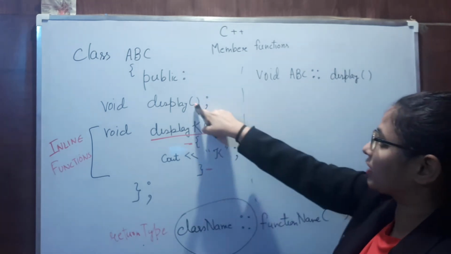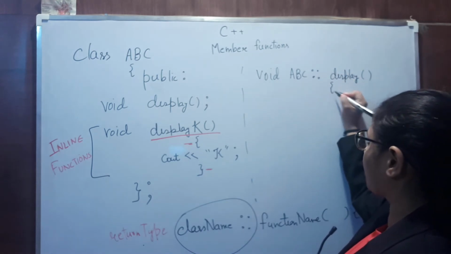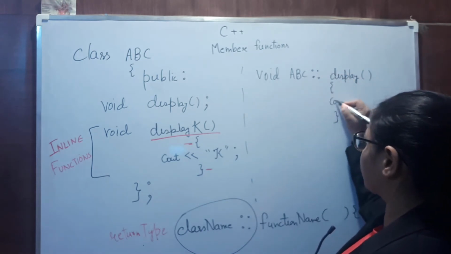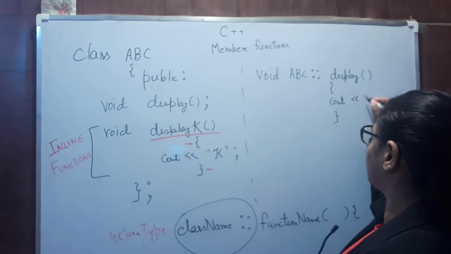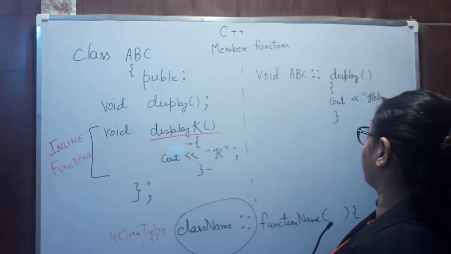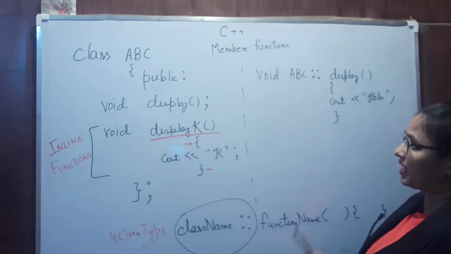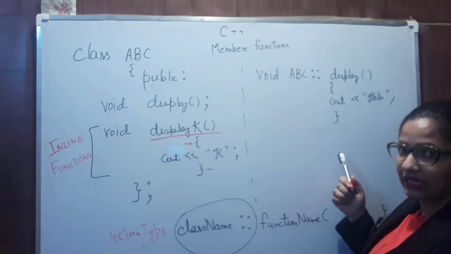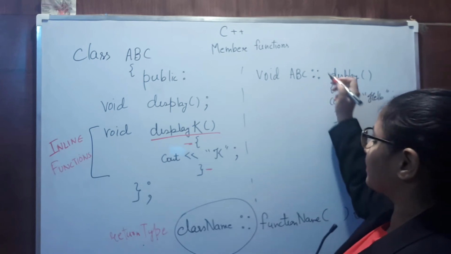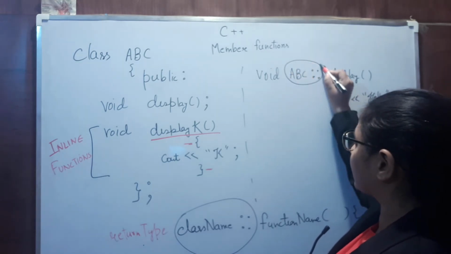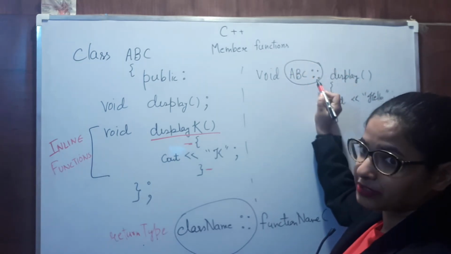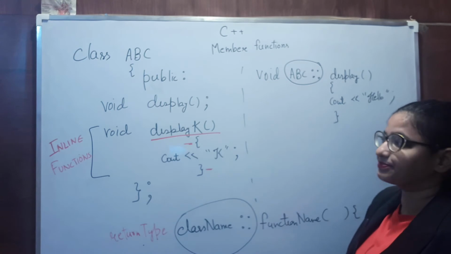Arguments, no arguments, curly bracket opening, curly bracket closing, and in between cout hello. Fine. So as you can see, we are defining function outside the class. Here our function header includes two more things, that is class name and scope resolution operator.